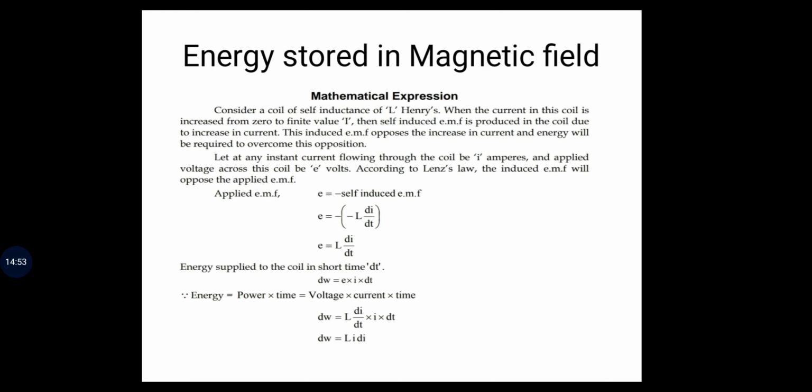That gives dw equal to L into di by dt into I into dt. Here dt cancels. So dw equal to Li di.